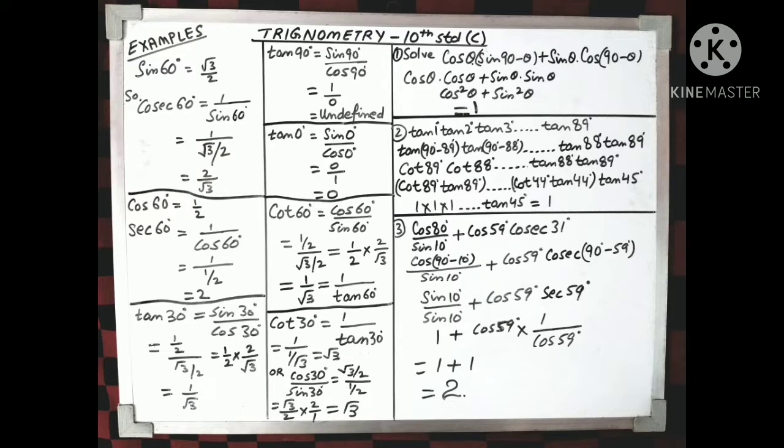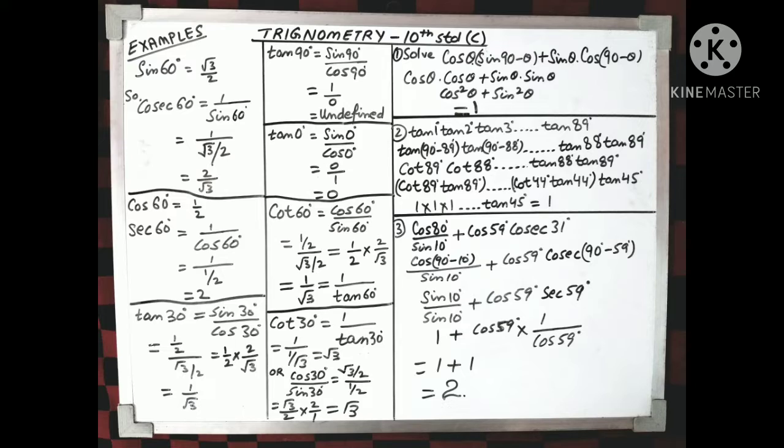If you proceed in this sequence, you will come across tan 45, and the value of tan 45 is 1. So we are writing tan(90 minus 89), tan(90 minus 88), tan(90 minus 87), and so on till we go to the end, tan 88, tan 89.